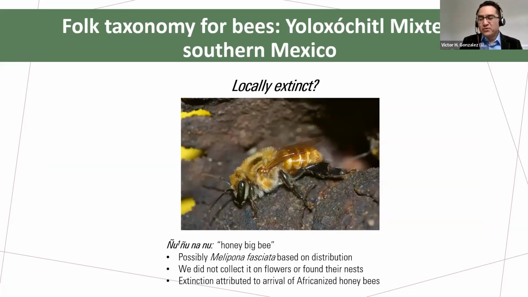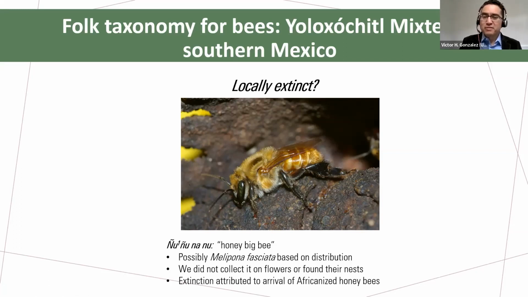Another interesting case is that they named this big honeybee, no, sorry, they call it honey big bee, for one species that we couldn't find in our surveys, but they claim it was there, and based on the distribution and the descriptions of the color, we assume that it is one species that has become locally extinct from this area.